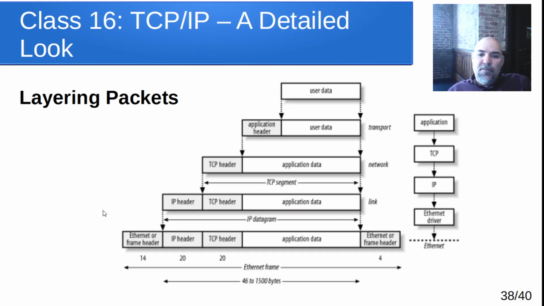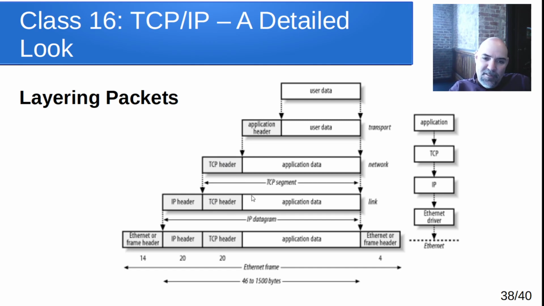So we end up with something that looks like this diagram here. At the top we have the application data, or the user data. And at the application level that might have an application-specific header added to that data. Then that data gets passed down to the TCP layer where it adds a TCP header. And then that gets passed down.